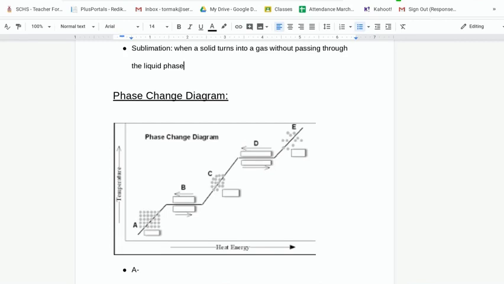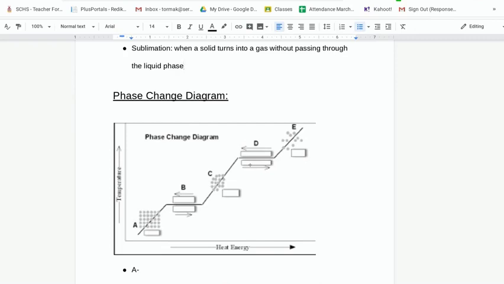The y and x-axis are pointing up and to the right. That means the temperature on the y-axis is increasing, and the heat energy on the x-axis is increasing also. As you move from left to right, temperature and heat energy are increasing.